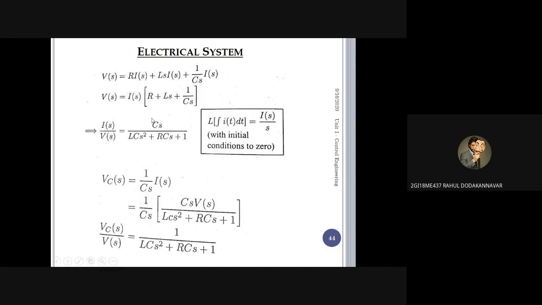Okay. So in the first line, sir, here R into I of s plus L into s into I of s is there. This L into s I of s will come when there is a derivative. I of s means, see, if you don't take a Laplace transform, I of t is there. We don't keep on writing t in the bracket, because this current I is a function of time. So wherever there is I in a normal equation, you have to write it as I of t.